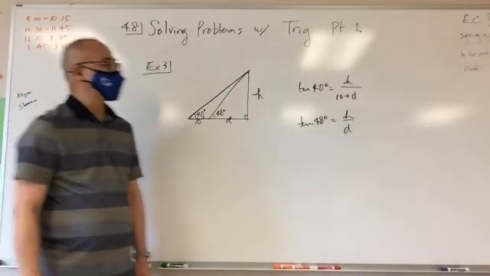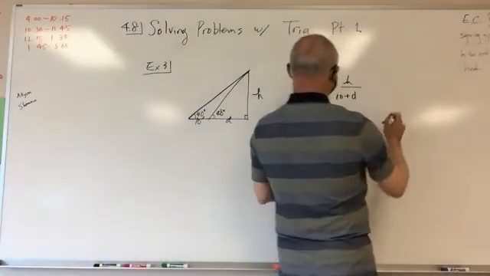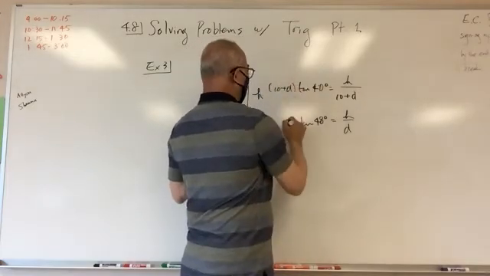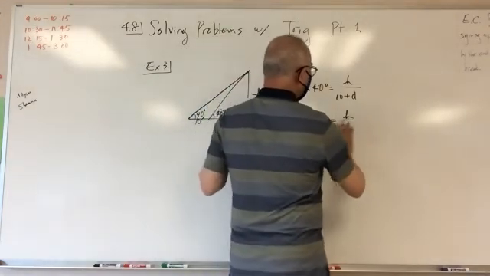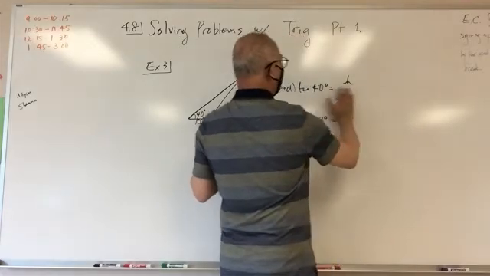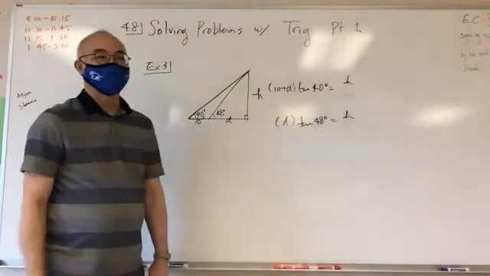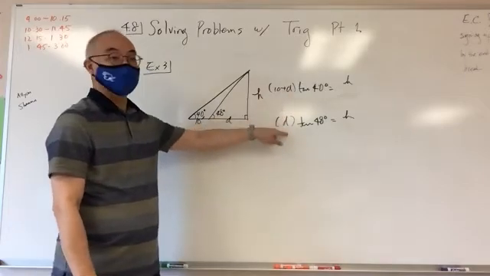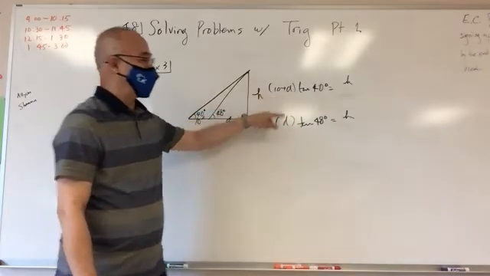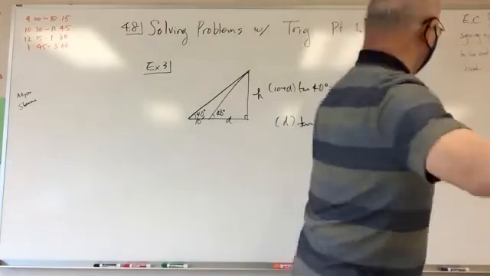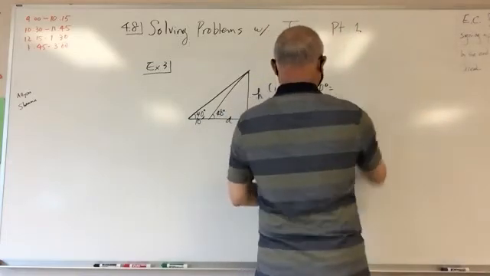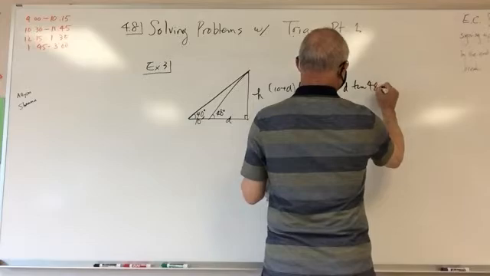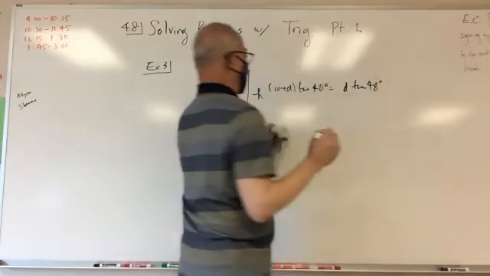Okay, so let's go ahead and do this one. You would actually just multiply, get rid of this, right? Like that. Right? And then this guy and this guy are the same, right? So this guy's going to be equal to d tangent 48 degrees, right?